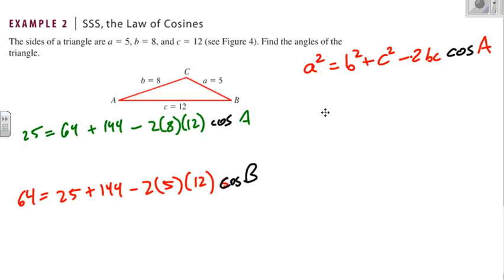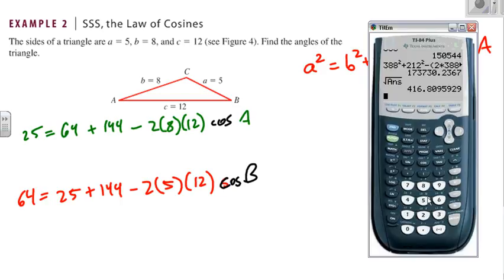So we can solve these. Again, we're going to let the calculator do most of the work. You can subtract 64 and 144 from 25. So we get negative 183. Divide that by the negative, whatever we get when we multiply together 2 times 8 times 12.